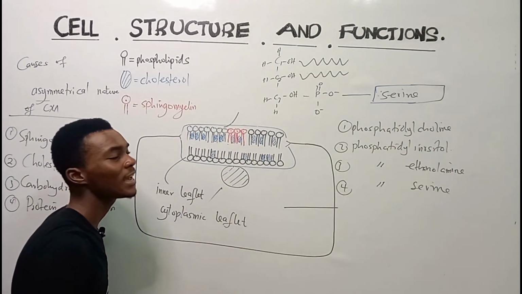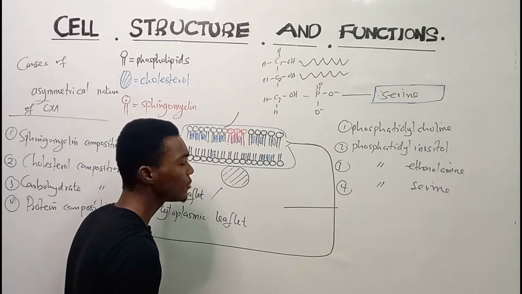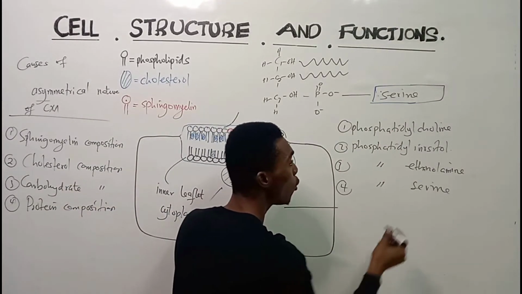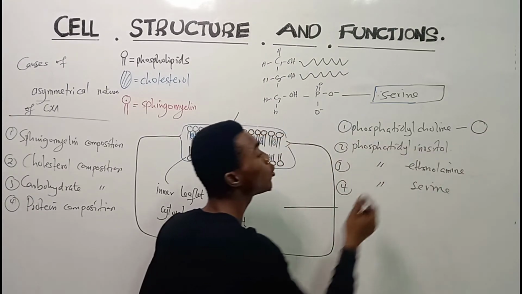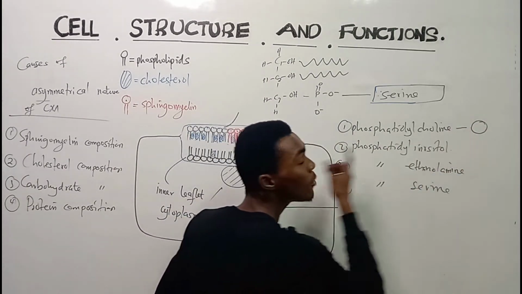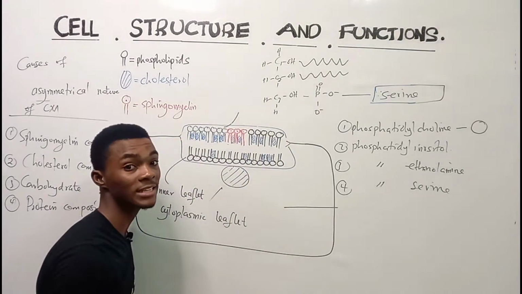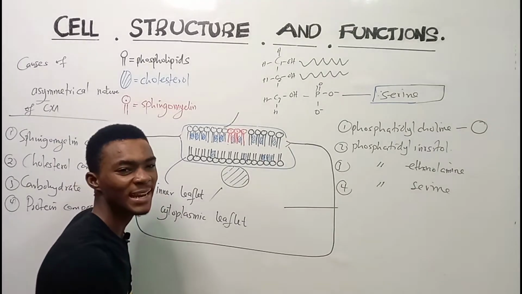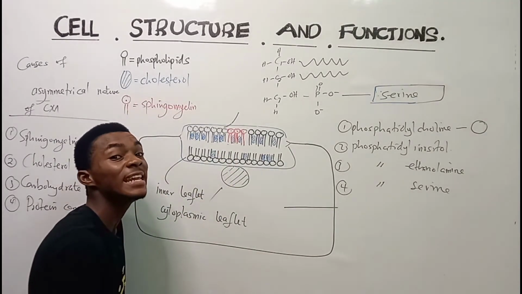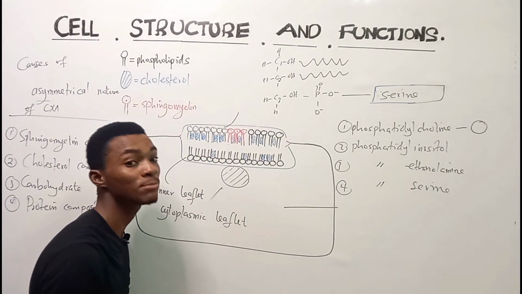If you are placing O over here to represent outer, it's just phosphatidyl choline that can be found in the outer leaflet of our cell membrane structure. The other 3 are all predominant in the inner leaflet of our cell membrane. It's so simple as that.